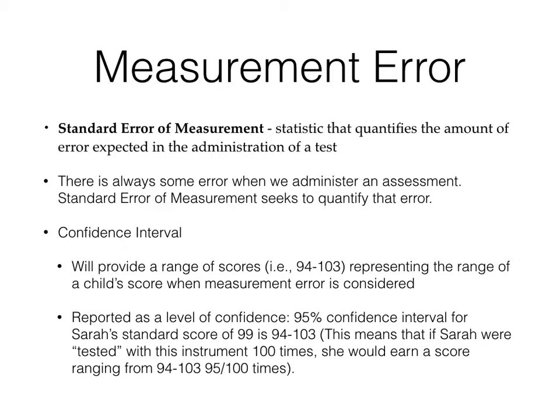But just so that you know, standard error of measurement is a statistic that serves to quantify the amount of error that might be inherent in an administration of a test, and it is communicated in our scores in terms of a confidence interval. And that confidence interval gives a range of scores that surrounds the actual score we got, that accounts for that standard error of measurement.